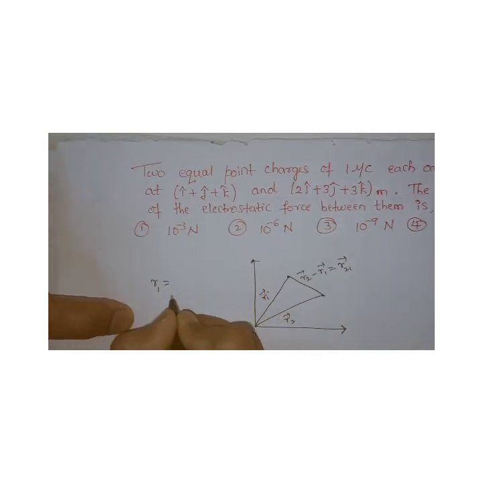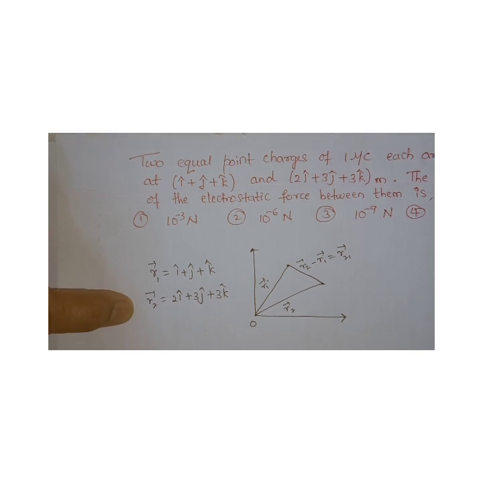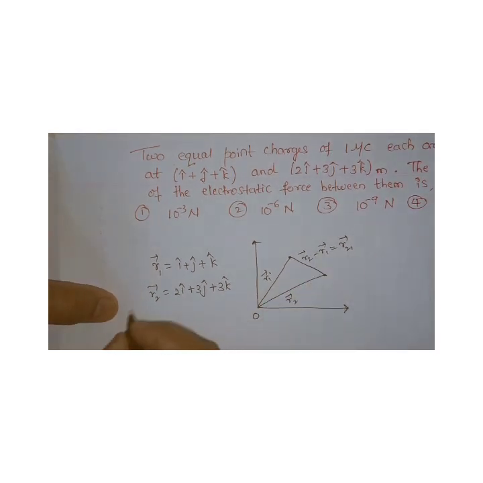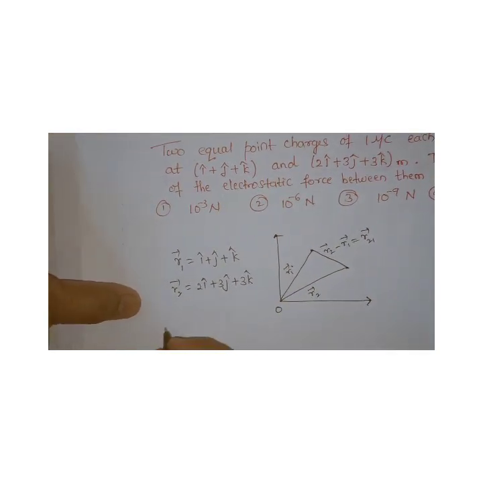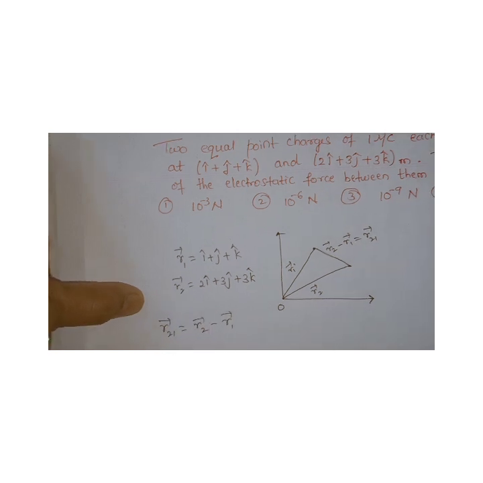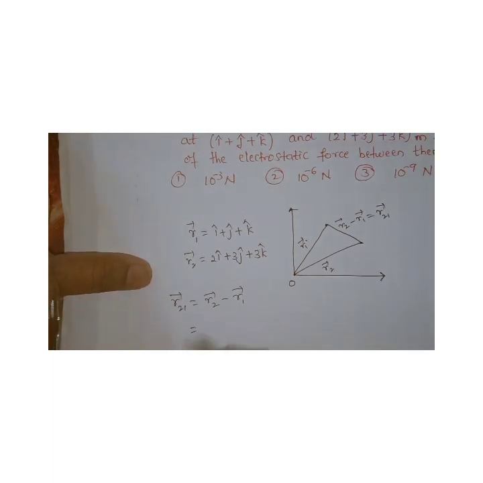In the same way here, R1 is given as i cap plus j cap plus k cap. R2 is given as 2 i cap plus 3 j cap plus 3 k cap. Correct? Now can we find R2 minus R1? So R21 vector is equal to R2 vector minus R1 vector.